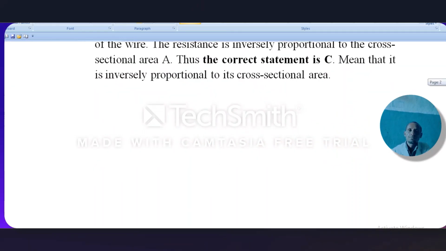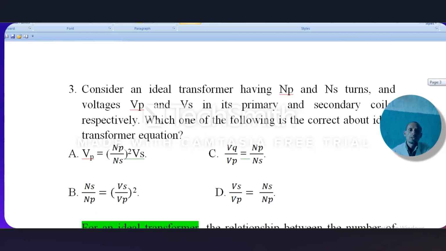When we come to the next question, consider an ideal transformer having NP and NS turns, and voltages VP and VS, in the primary and secondary coil respectively. Which one of the following is correct about the ideal transformer?